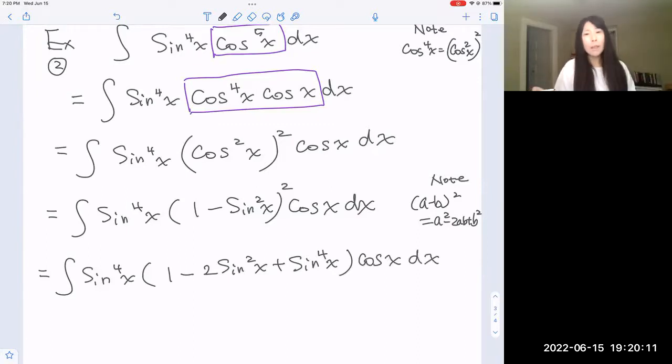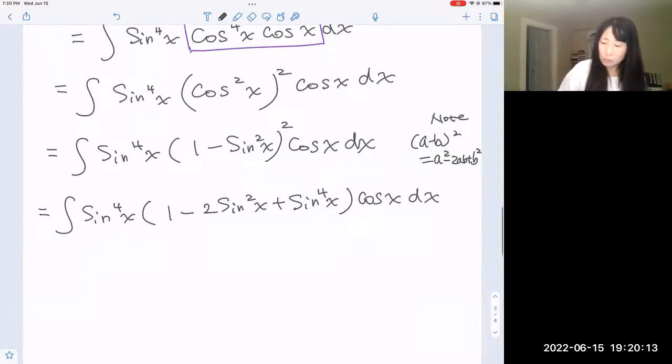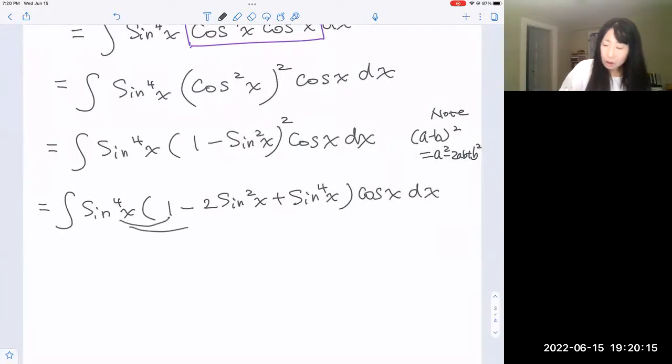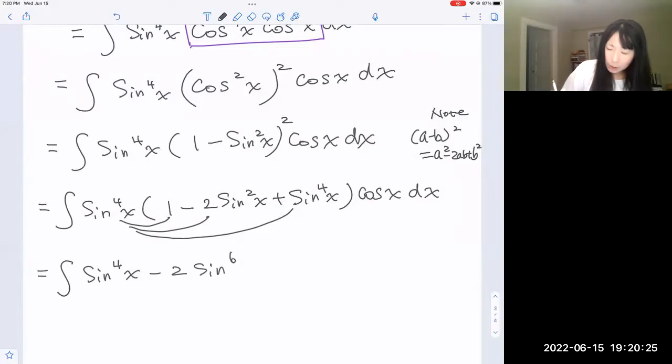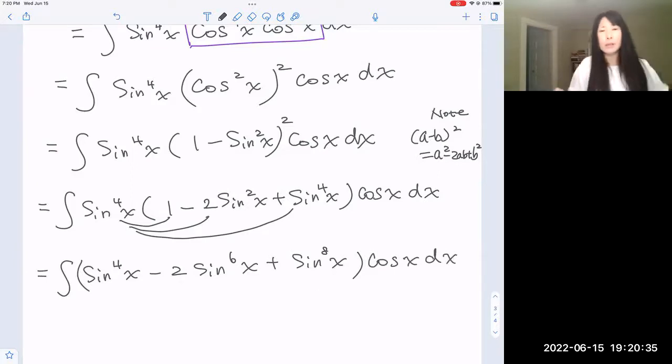Now let us distribute. So we have sine to the fourth power minus 2 sine to the sixth power plus sine to the eighth power and cosine x dx.